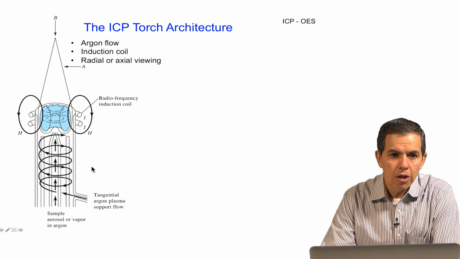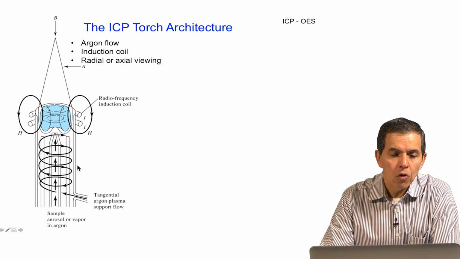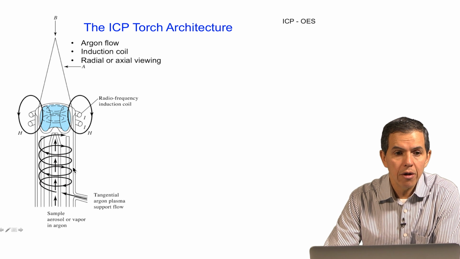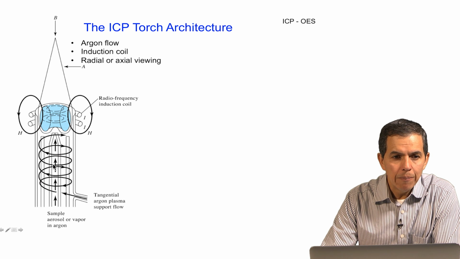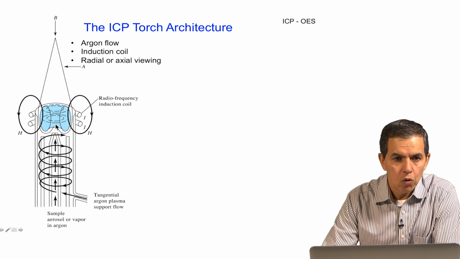The ICP torch is usually a set of concentric tubes made of quartz, a transparent material, in which the sample is introduced in an aerosol form that we described before, and this aerosol is carried by argon. When the aerosol reaches this region, it is exposed to the ICP torch.